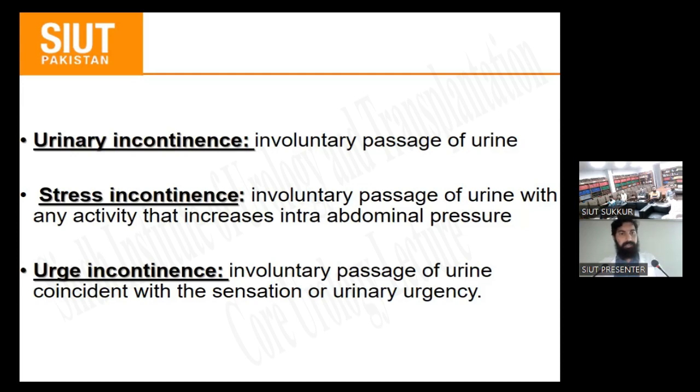Symptomatology. Urinary incontinence is involuntary passage of urine. Stress incontinence is involuntary passage of urine with any activity that increases intra-abdominal pressure. Urge incontinence is involuntary passage of urine coincident with the sensation of urinary urgency.